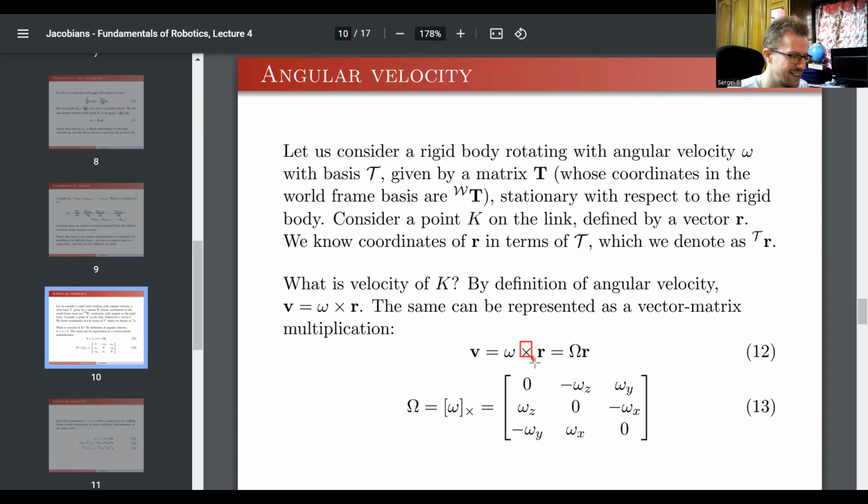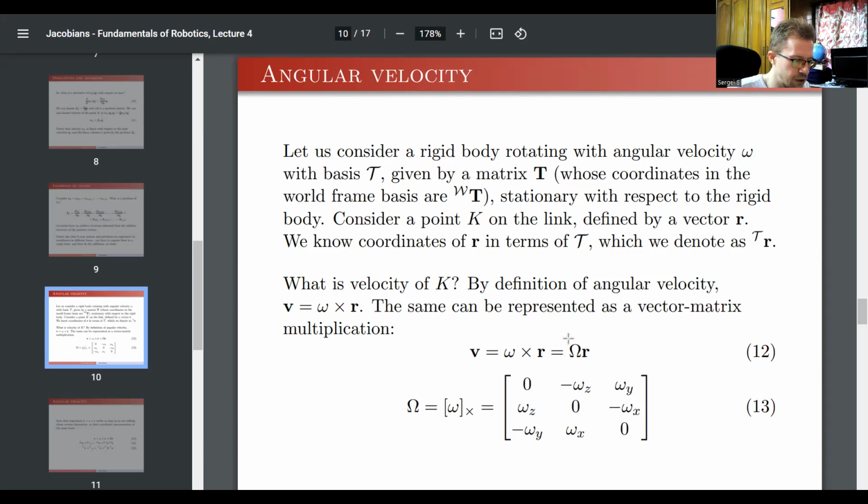There are two traditions. One is to just memorize coordinate-wise multiplications, something like r y times omega z with a minus sign plus r z times omega y. That is the first line, the second line, third line, etc.